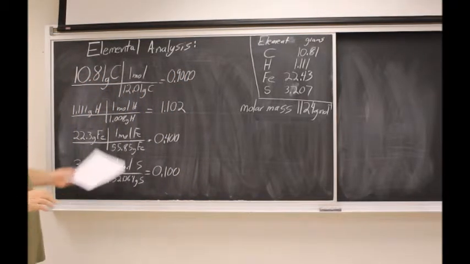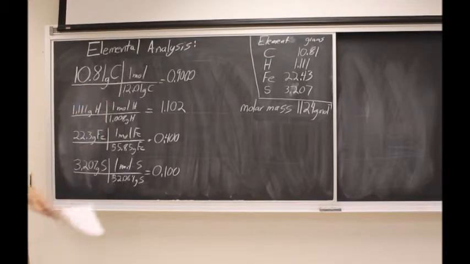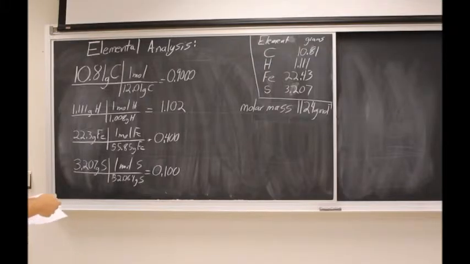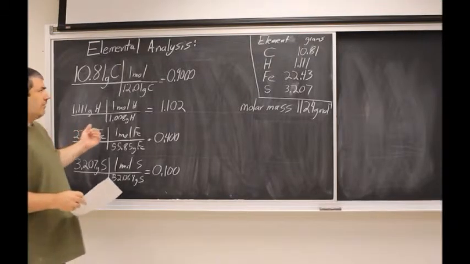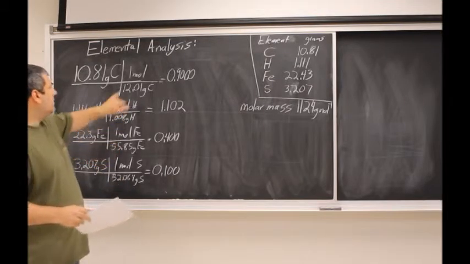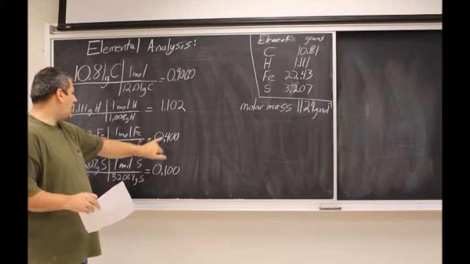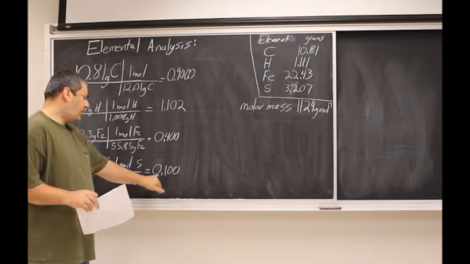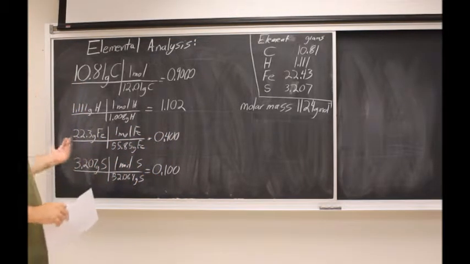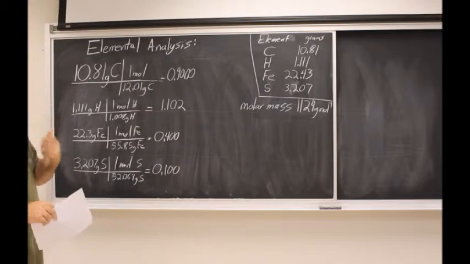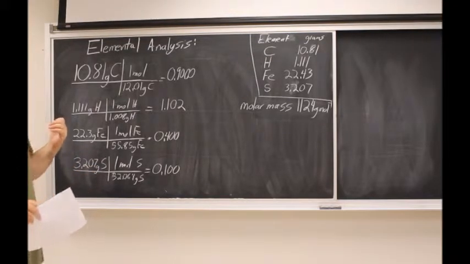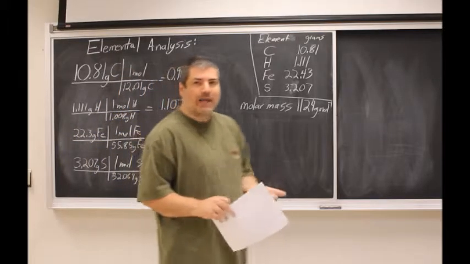The reason I'm leaving off moles of carbon, moles of iron, and so forth is because we're going to be using this in a second. Now, my answer isn't going to be carbon 0.9, hydrogen 1.1, iron 0.4, sulfur 0.1 moles for my empirical formula, because we can't have a fraction of an atom.